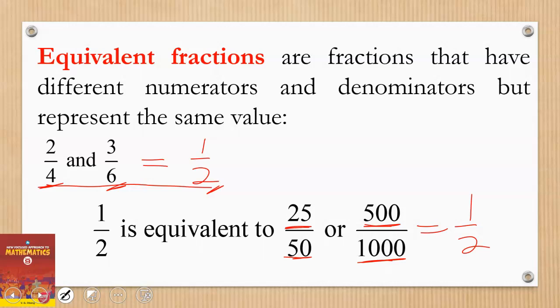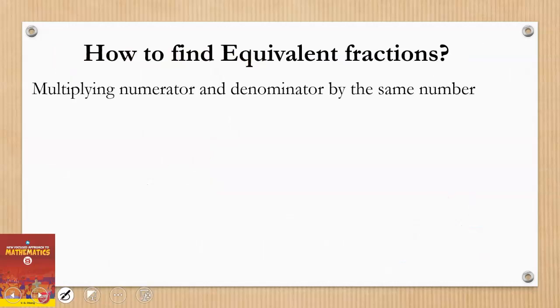Now, let's look at how we can find equivalent fractions. We can find equivalent fractions using 2 different approaches. We can multiply the numerator and denominator by the same number to get an equivalent fraction. For example, I can create thousands of fractions that are equivalent to 2/3. One of the simplest ways is to multiply both the numerator and denominator by the same number.